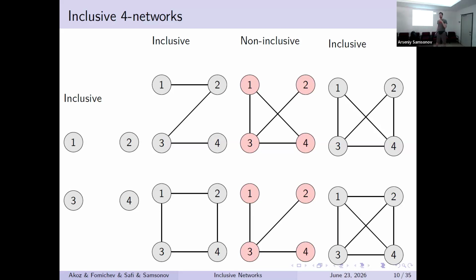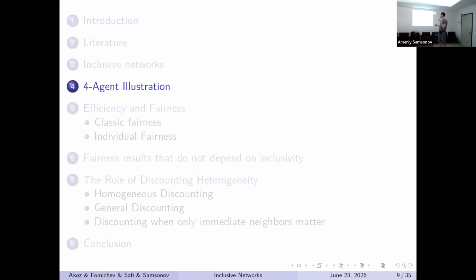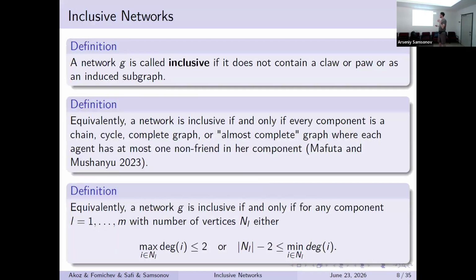It's not familiar in economics, so we are introducing the term inclusive networks. Where did it appear mostly? The term inclusive networks appears for the first time in our paper. The object itself is known as claw and paw free graphs in graph theory.